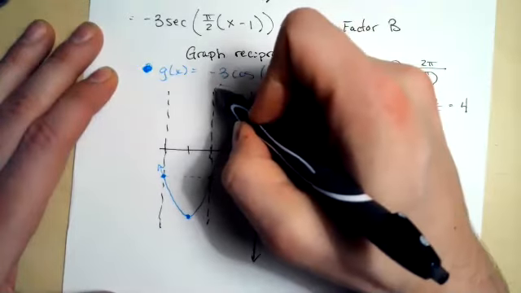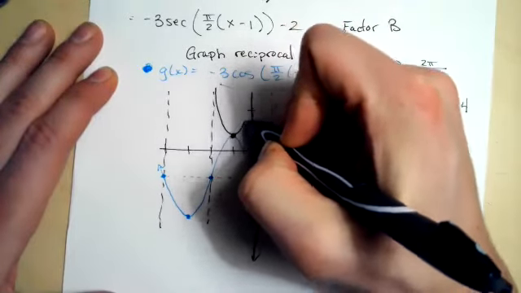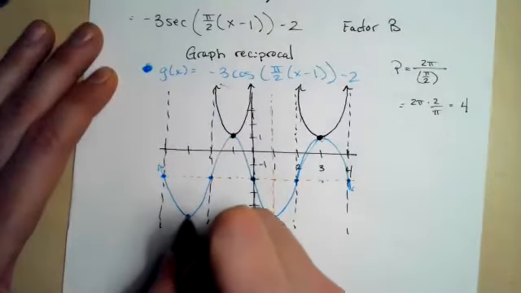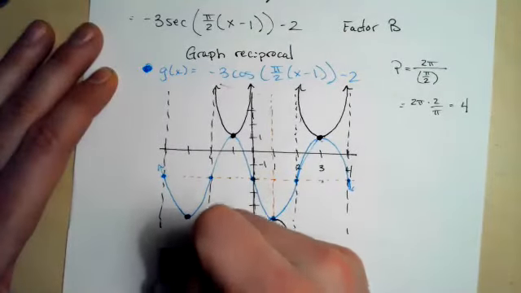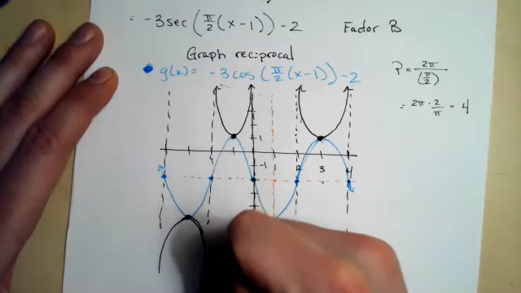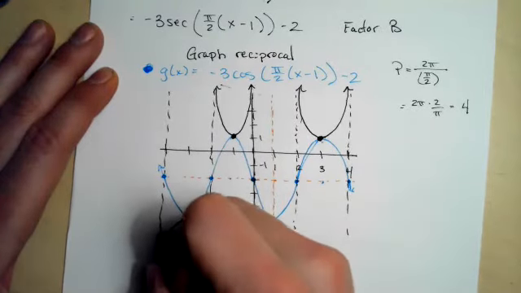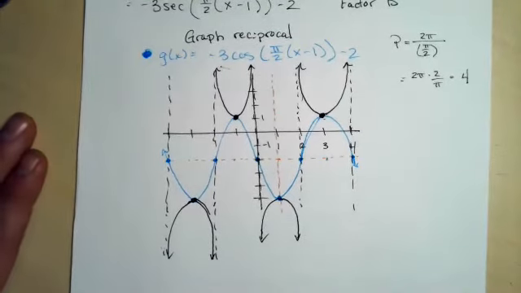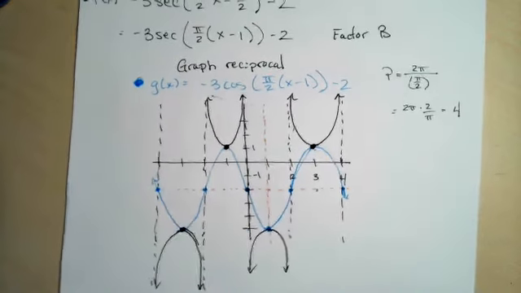It's going to touch at that peak. Draw a U. Touch at the valley. Upside down U. And that's it. That is our secant.